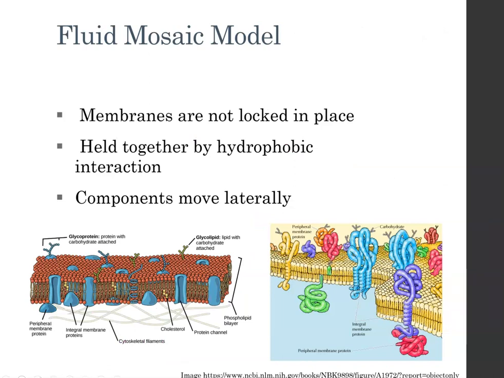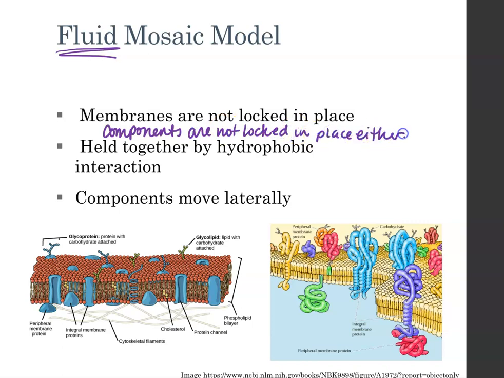So part of the name fluid mosaic model is fluid. That means that the membranes are not locked in place, and the components can actually move because they are not locked in place either. Instead, they are held together by hydrophobic interactions.